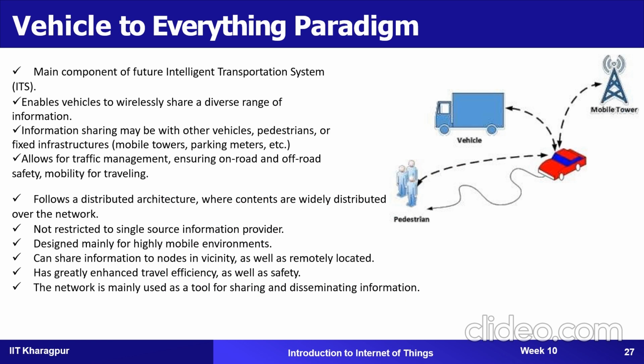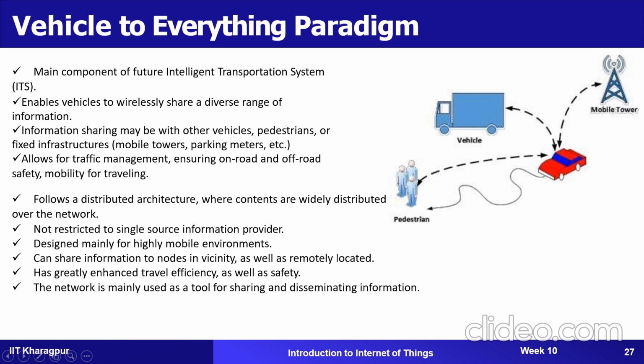Now, the vehicle to everything paradigm. The main component of a future intelligent transportation system is the vehicle to everything paradigm. It enables vehicles to wirelessly share a diverse range of information.